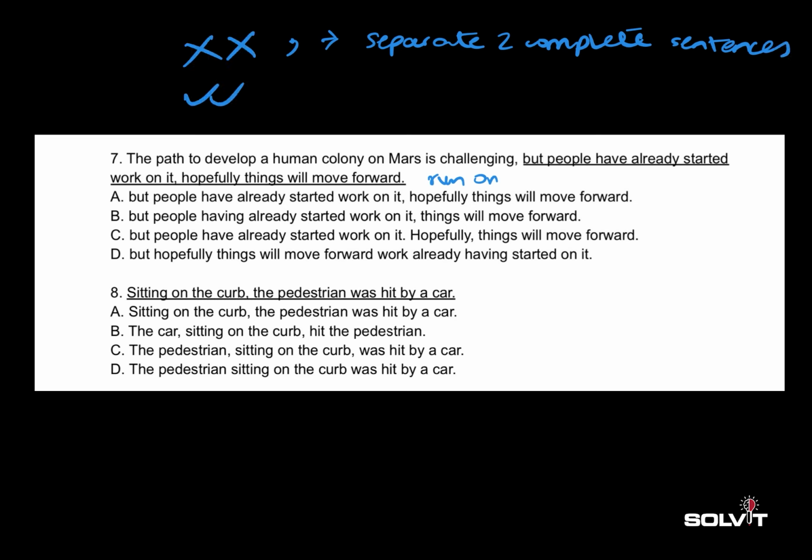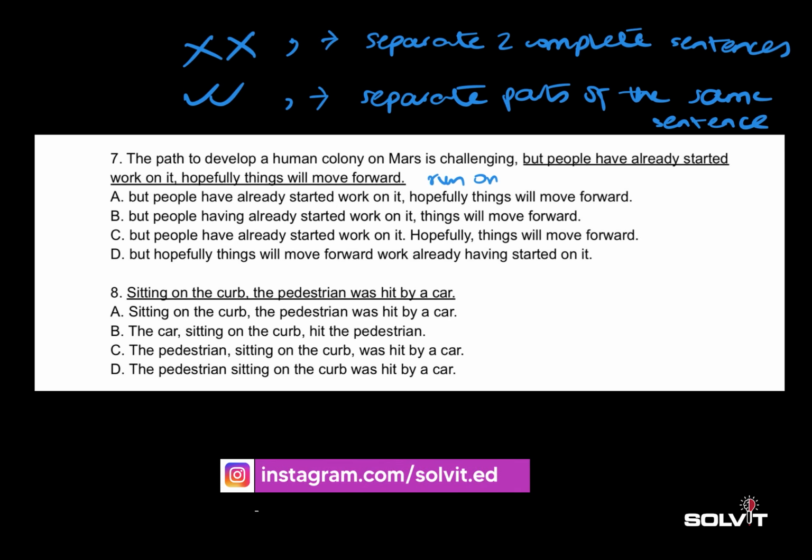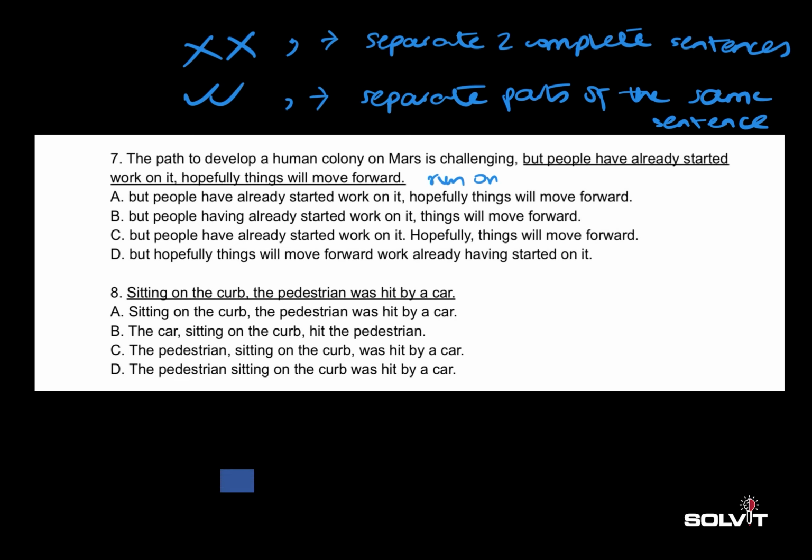What you can do is use a comma to separate parts of the same sentence. Okay, so firstly, let's identify the different sentences in this one sentence. The path to develop a human colony on Mars is challenging, but people have already started work on it.